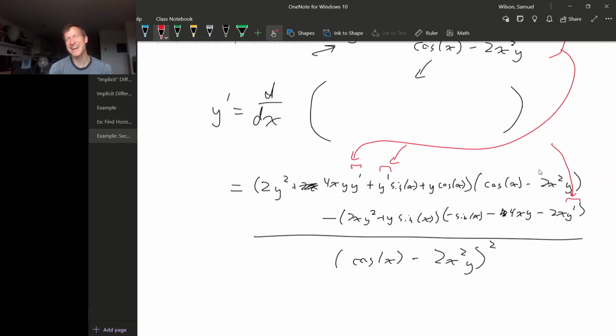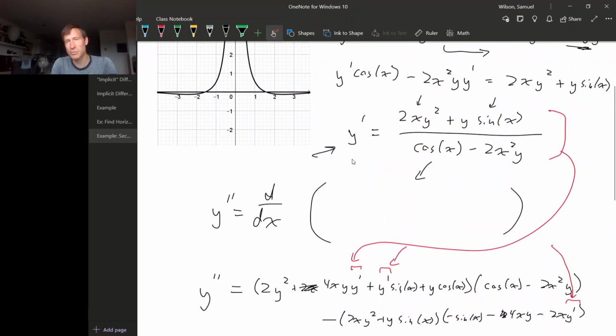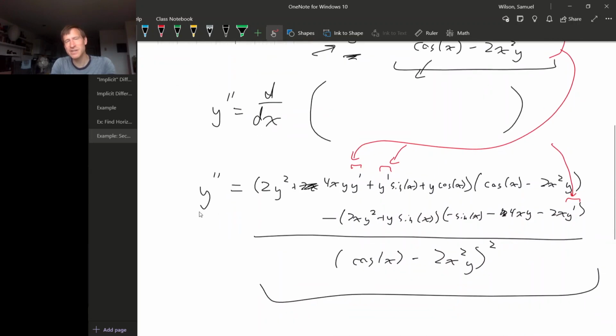So I won't write out what we get, but you can see that in principle, what we've calculated is the second derivative of y, and the formula that we're getting here is a function only of x and y. So just like we did with y prime, we got a formula involving x and y, a big, very messy formula that only has x's and y's in it.